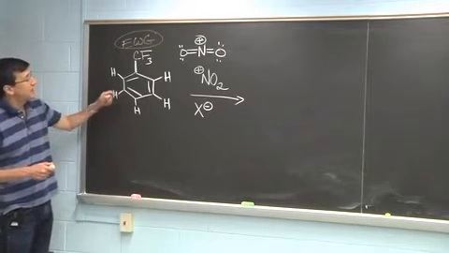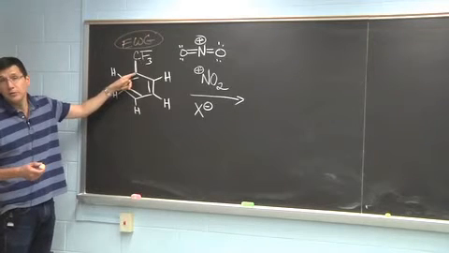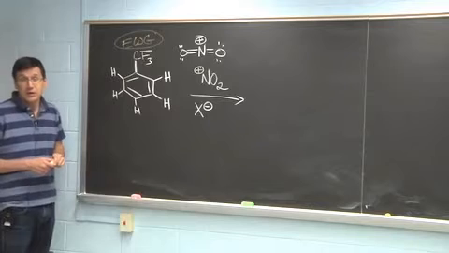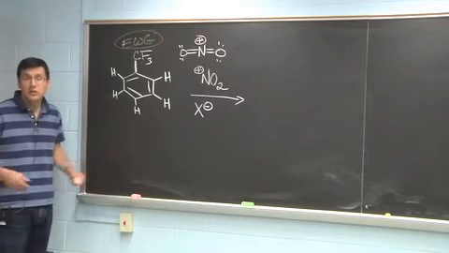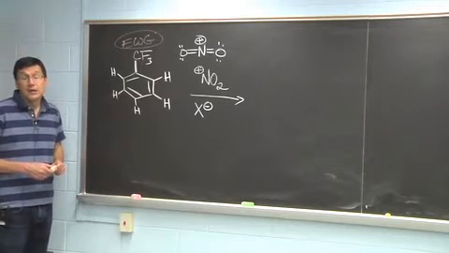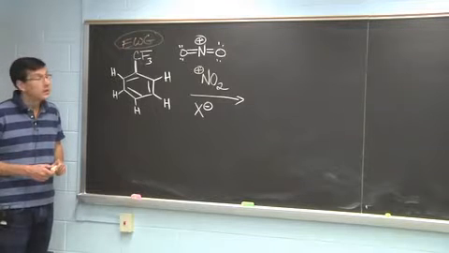Hopefully you decided that the last thing you would want to do is to put a positive charge on this carbon to which a thing that is already electron withdrawing is attached, because a positively charged carbon is already electron deficient, and energetically it's got to be a bad thing to have an electron withdrawing group attached to it. Okay?